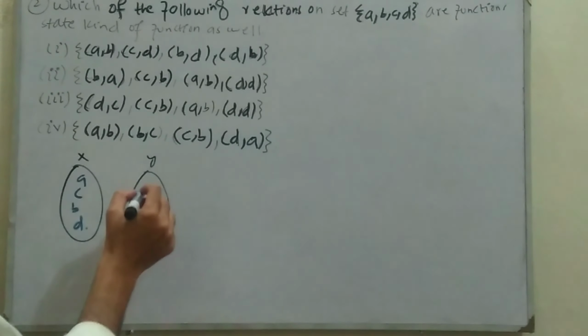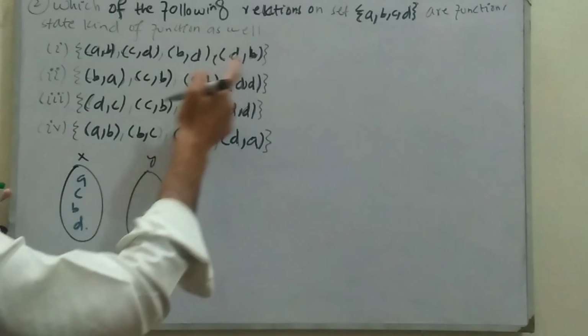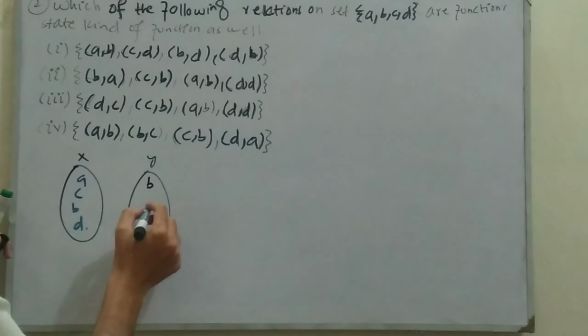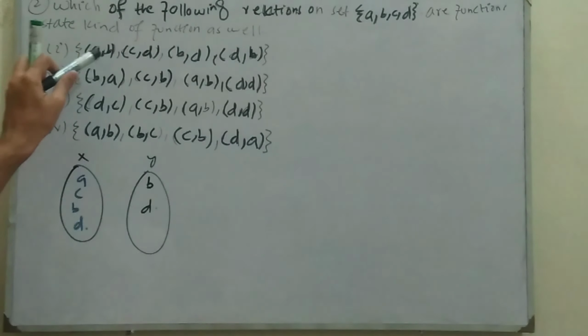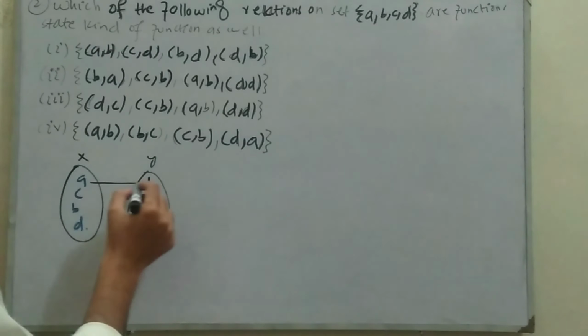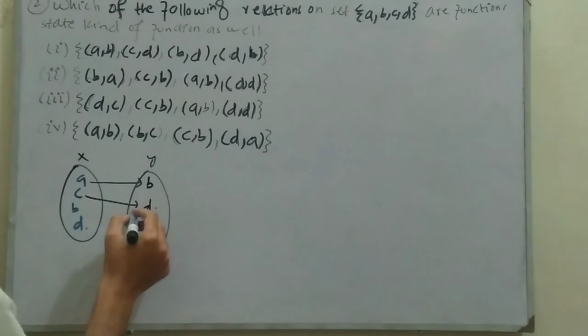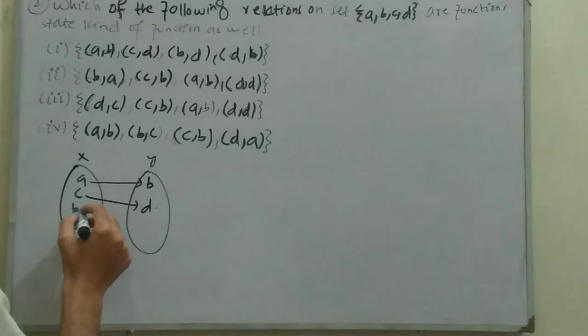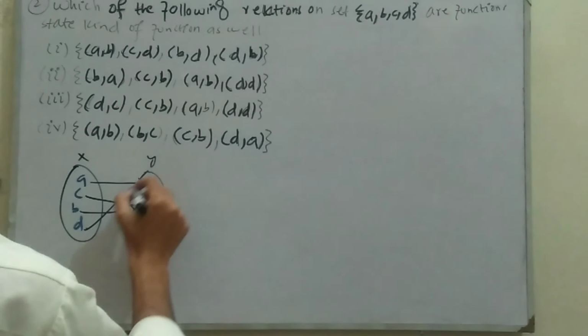Now A is mapped with B and C is mapped with D, and here B is mapped with D and also D is mapped with B.